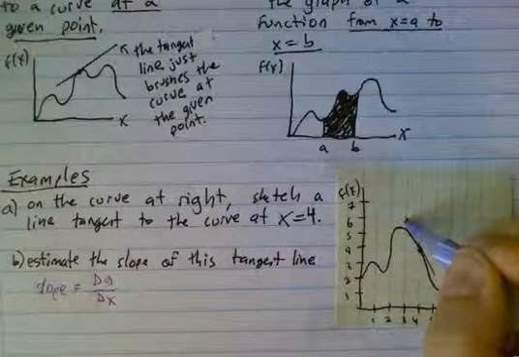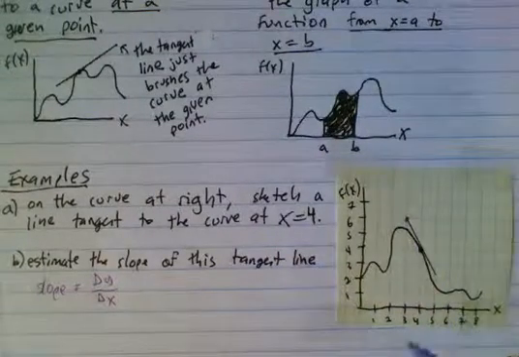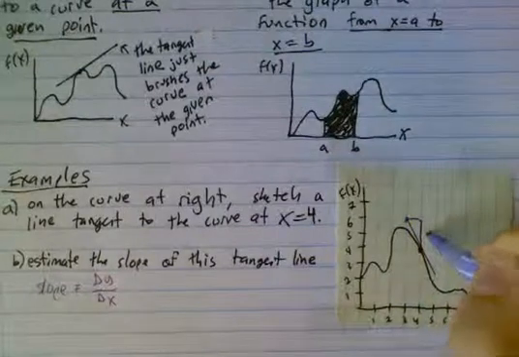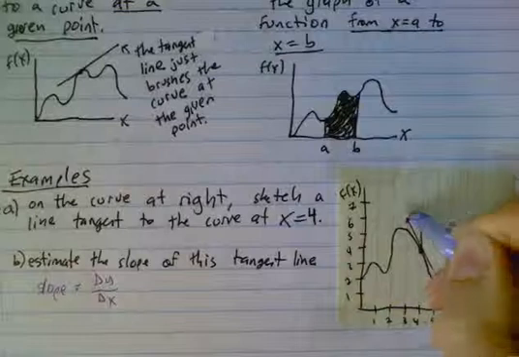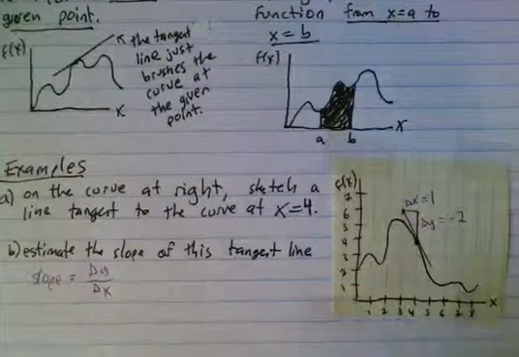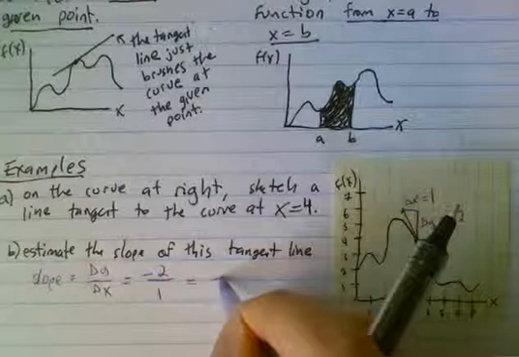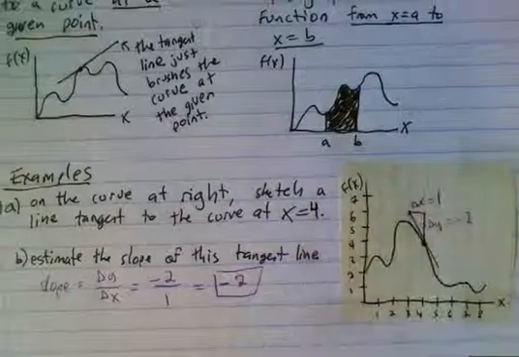I'm going to take one point here, one point here. It's whatever, it's fine. Change in y, I went down 2. Change in x, I went right 1. So change in y over change in x is negative 2 over 1. Negative 2. Notice it's sloping down, so it's going to be a negative slope.